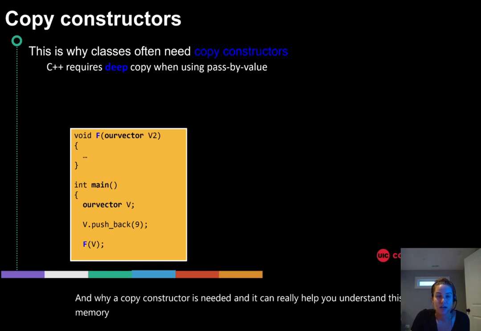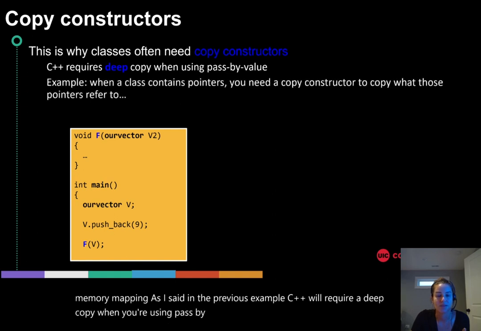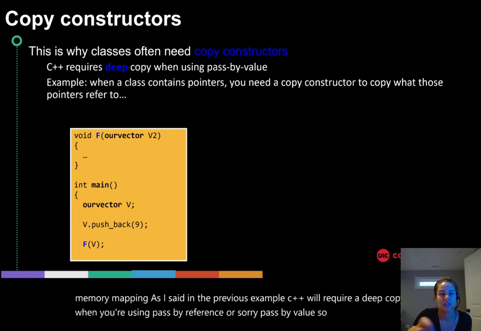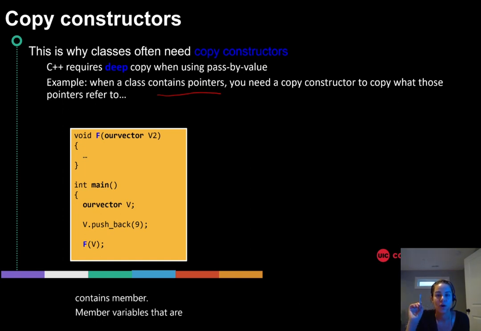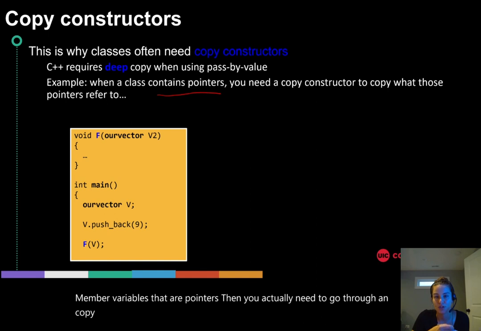As I said in the previous example, C++ will require a deep copy when you're using pass by value. So if a class contains member variables that are pointers, then you actually need to go through and copy everything that that pointer is pointing to. So that's all a copy constructor really does.